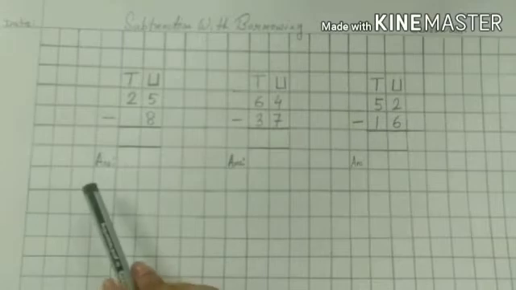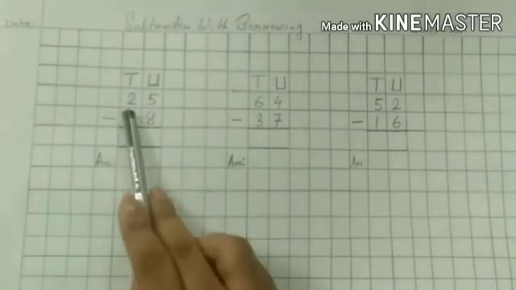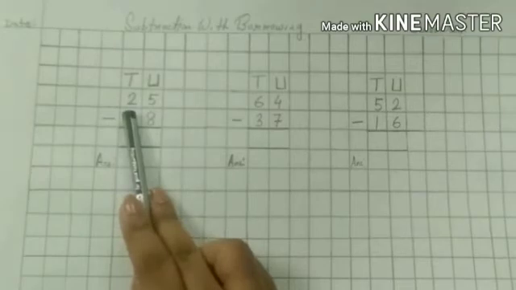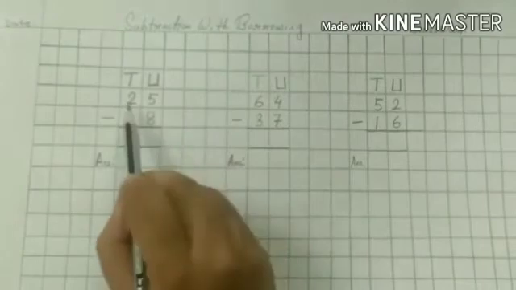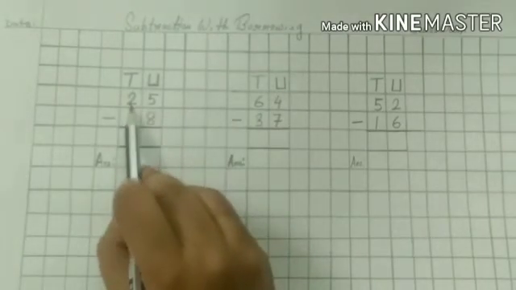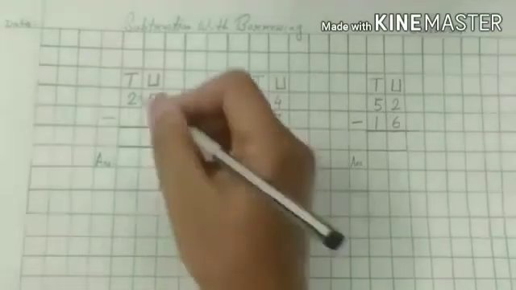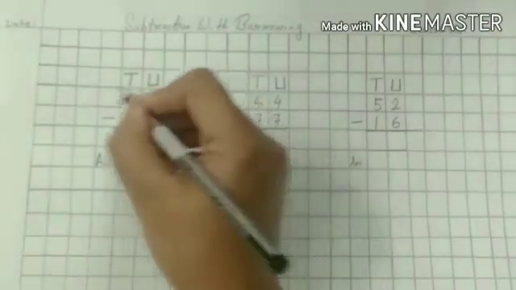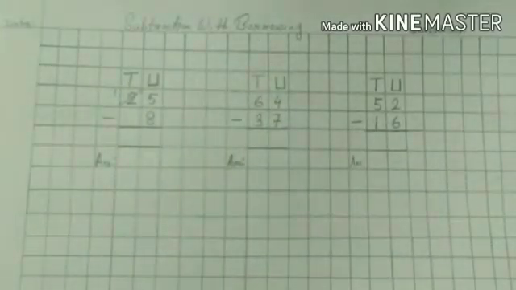So, we will borrow 1 ten from the tens. Alright? So, if we borrow 1 ten from 2 tens, then 2 becomes 1. Alright?